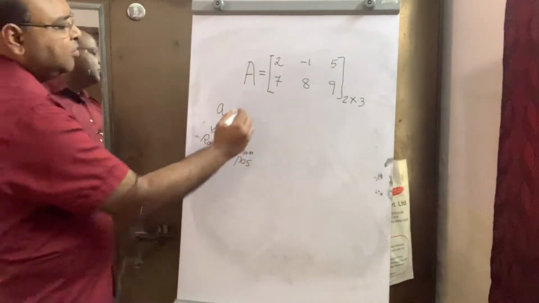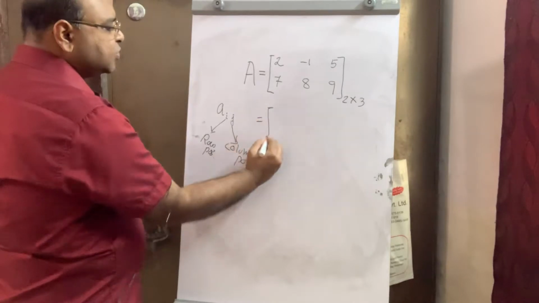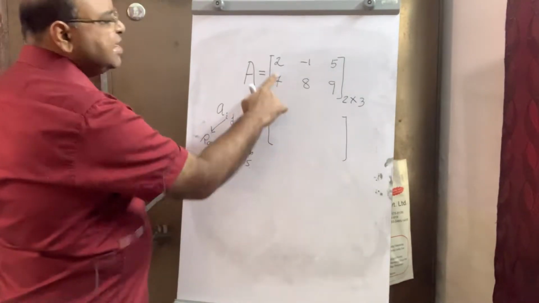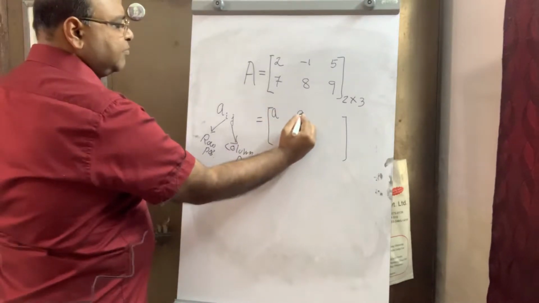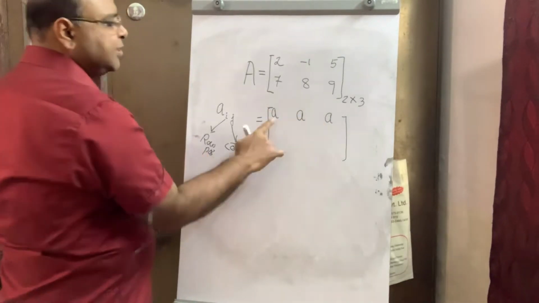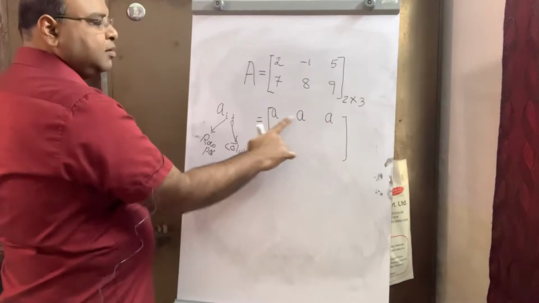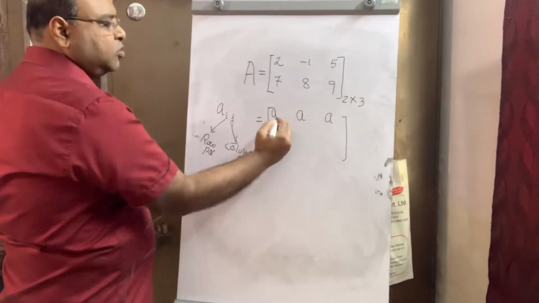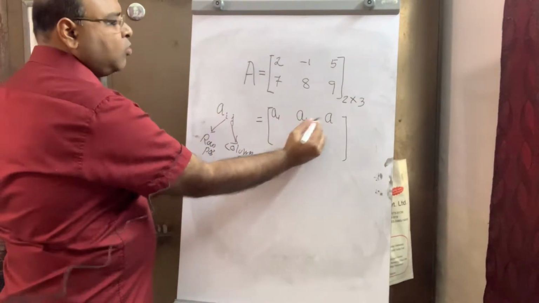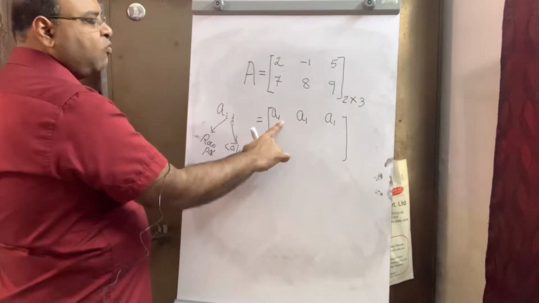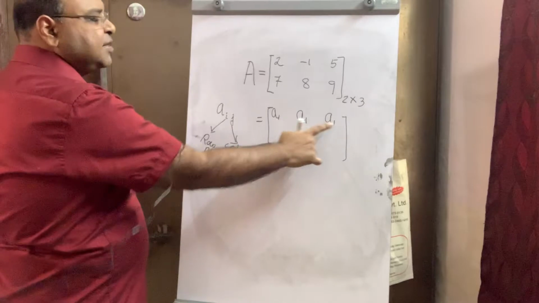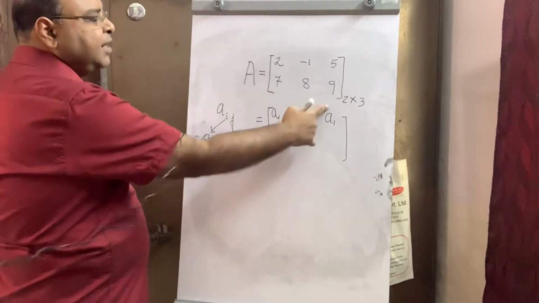That means for the elements in the first row, we have 3 elements. For each of them, their left suffix, that is the row suffix, should be 1 because all of them belong to the first row. Their right suffixes should vary as 1, 2 and 3 because they respectively belong to the first column, second column and third column.